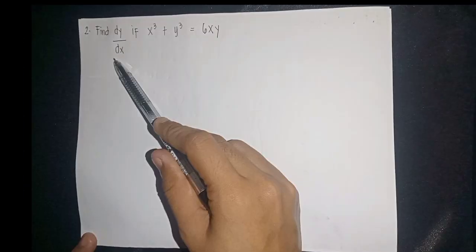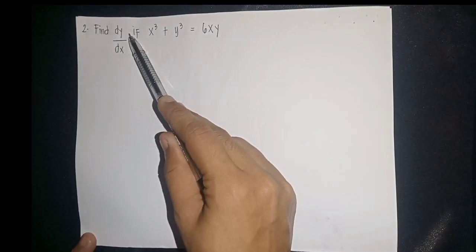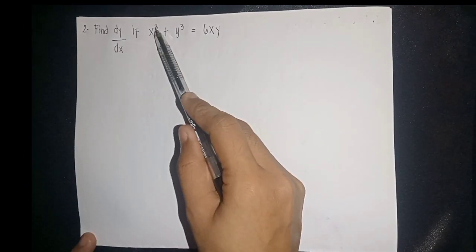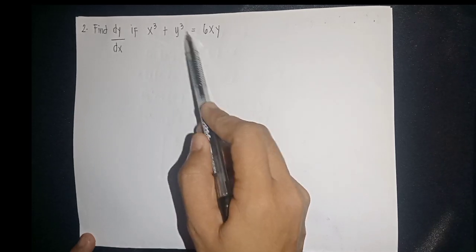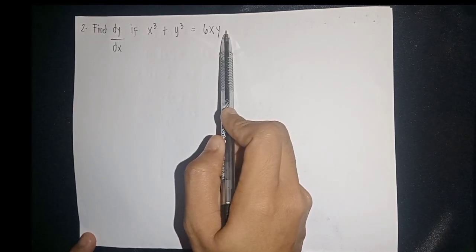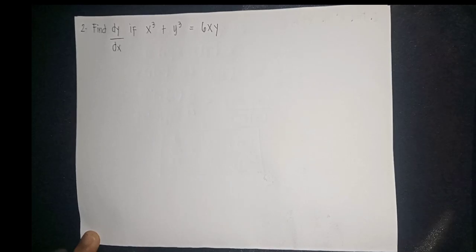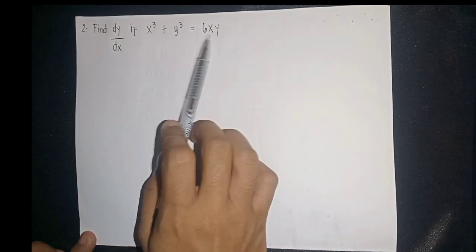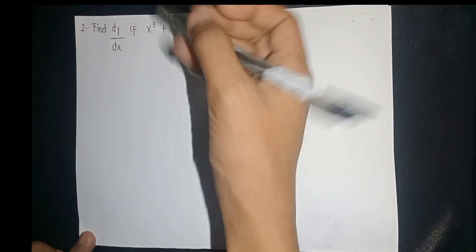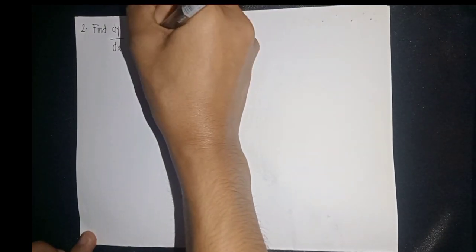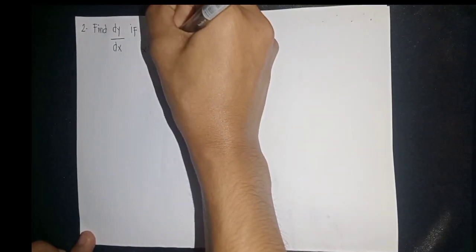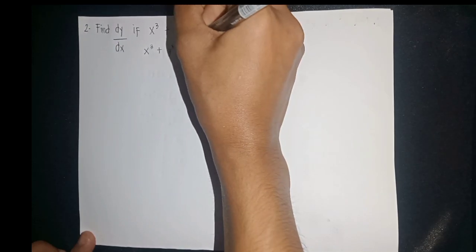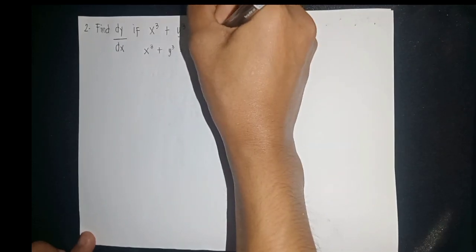That's it. Moving forward to our second example, which is find the derivative of y with respect to x if x cubed plus y cubed is equal to 6xy. So again, let's multiply it with the derivative of each term. First, copy the equation, x cubed plus y cubed is equal to 6xy.